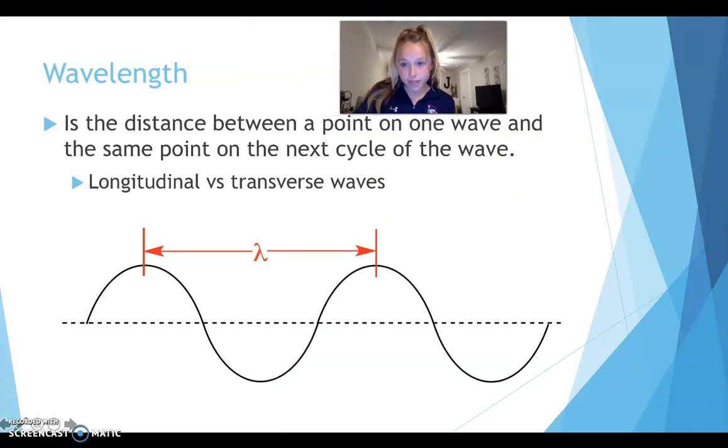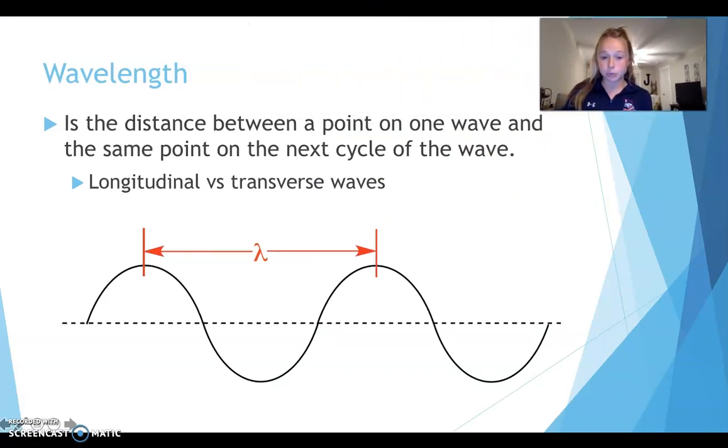So a wavelength is the distance between a point on one wave and the same point on the next cycle of a wave. So we can look down at this picture, the red vertical line to the other vertical line, that is a wavelength.